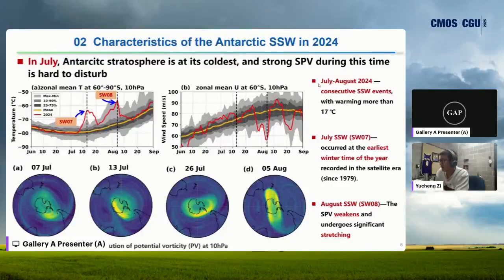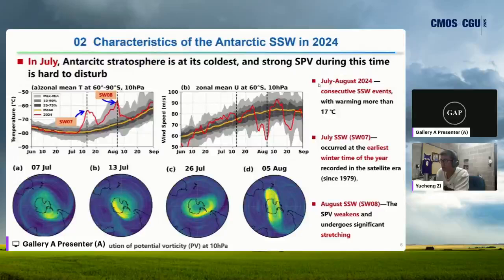As we all know, in July the Antarctic stratosphere is at its coldest and the SPV, the stratospheric polar vortex, is strong, so during this time it is hard to disturb. However, in July to August 2024, consecutive SSW events occurred with warming of more than 17 degrees.